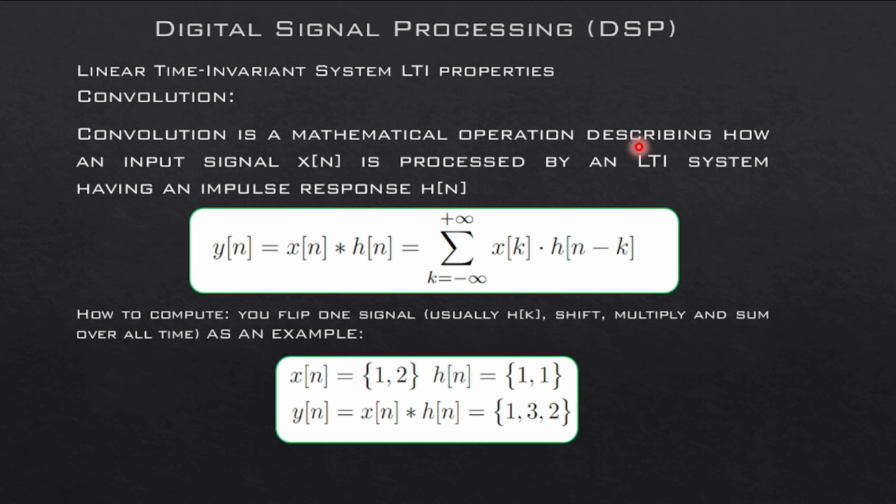In other words, let's say you have a signal at the input of a system, which is x[n]. Okay, so the resulting signal, which is the signal at the output of the system, is x[n], the input signal, convolved, not simply multiplied, by h[n], which is the response of the system.